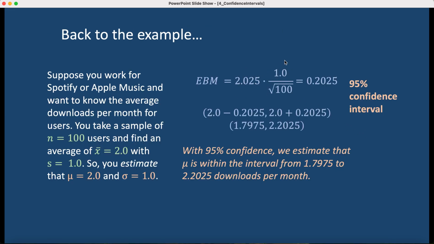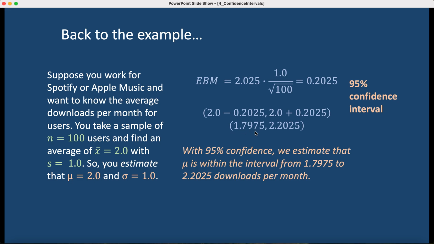This is still our sample standard deviation, sample size. And so instead of just adding and subtracting 0.2, we have to add and subtract 0.2025 to get our true 95% confidence interval. And so the numbers don't change appreciably in this case because our sample is 100. If our sample was 10, it would be a little bit more significant.